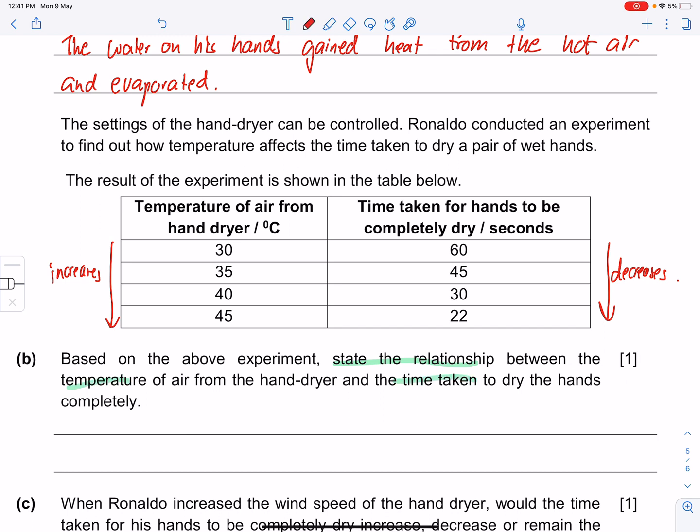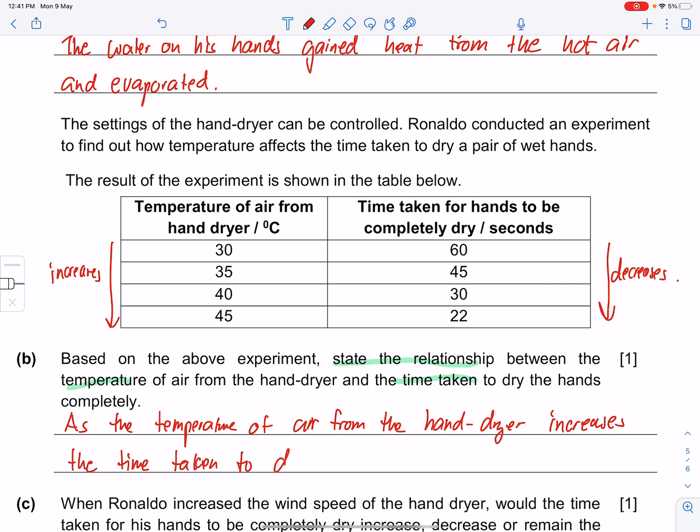Because it's an inverse relationship, you would say that as the temperature of air from the hair dryer or hand dryer increases, the time taken to dry a pair of wet hands decreases.